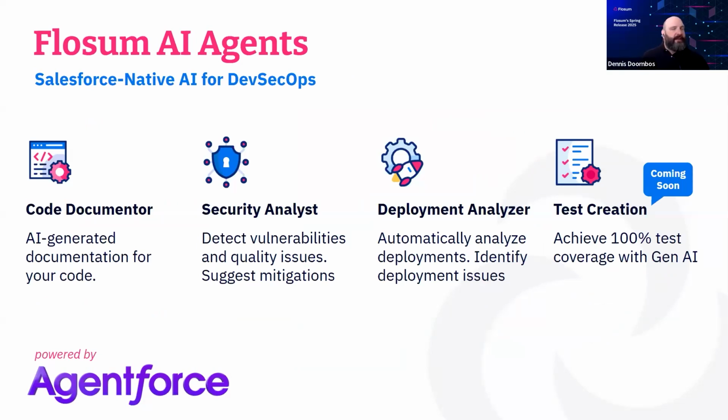We have a security analyst agent that scans your Apex code for performance, security, best practices, and code smells. And then I'm also going to demonstrate our deployment analyzer. This analyzes deployment errors that you might receive, without having to look them up or find the resolution. The deployment analyzer is going to help you do that analysis directly inside of Flosum.